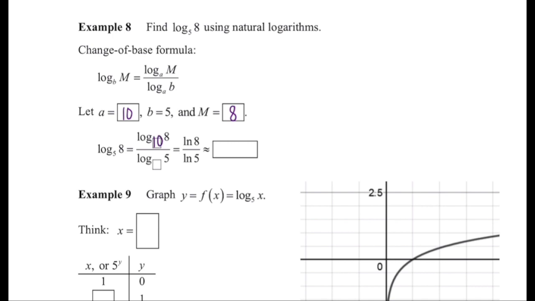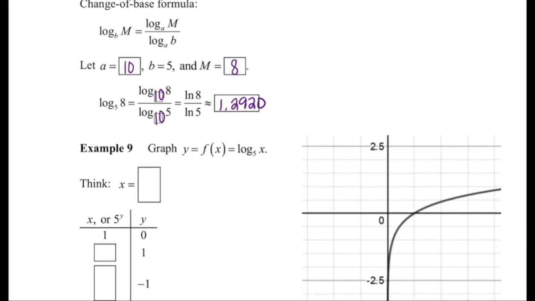We want our base to be 10. We could change this then to the natural log of 8 over the natural log of 5, which will also give us approximately 1.2920.